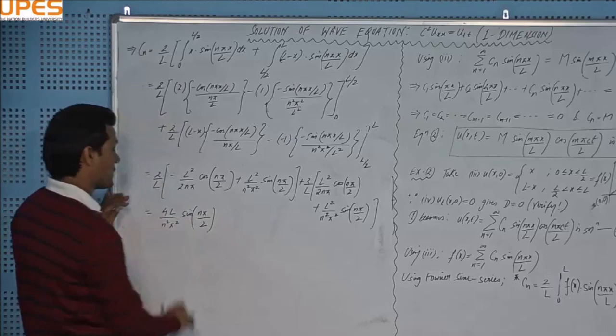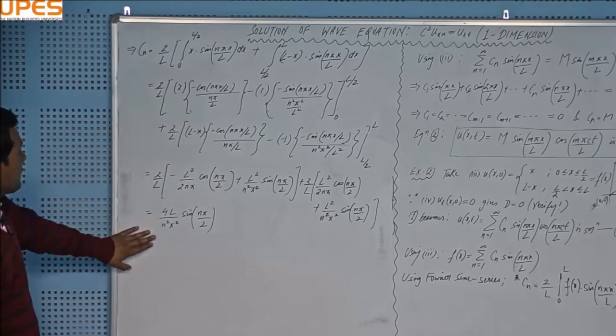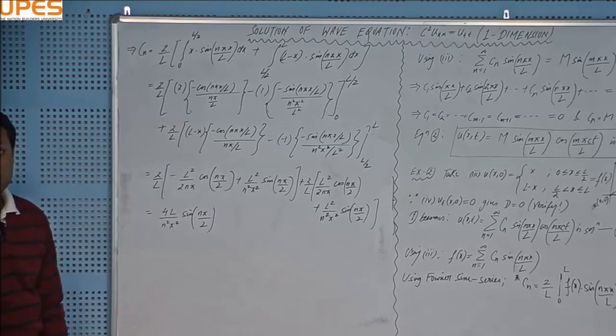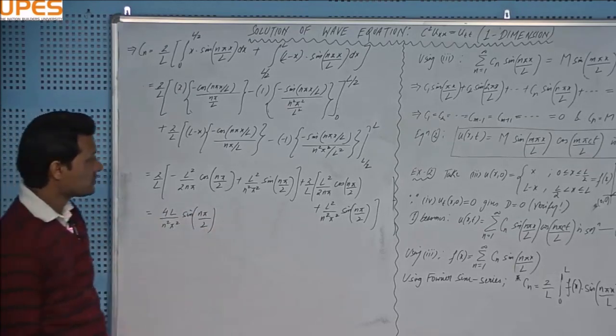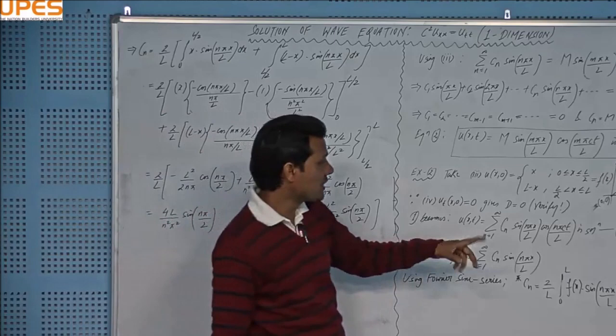Now it is fine. Okay, perfect. This is the value of this Fourier coefficient Cn. Okay, then plugging this Cn in my last solution, where is that, equation number 2, that will be my solution.